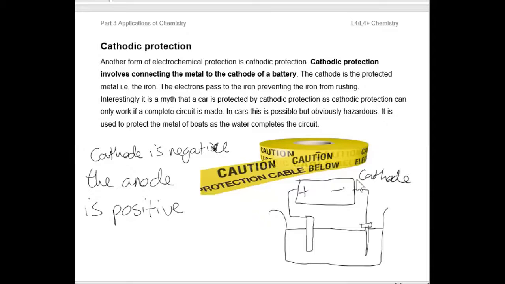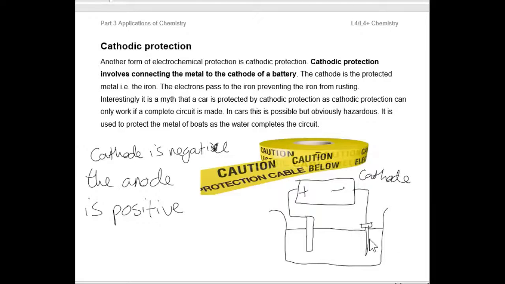So the cathode, the negative side, is pumping out electrons. So cathodic protection is basically where you take the metal that you want to protect and you attach it to a power supply that keeps giving it electrons.